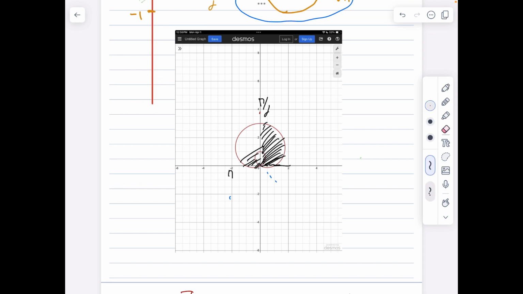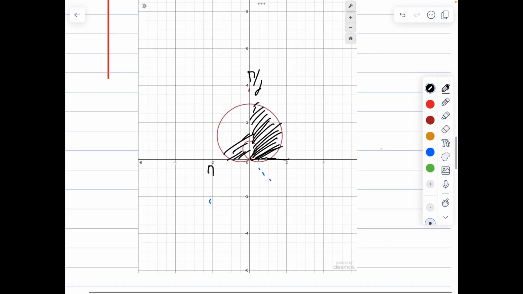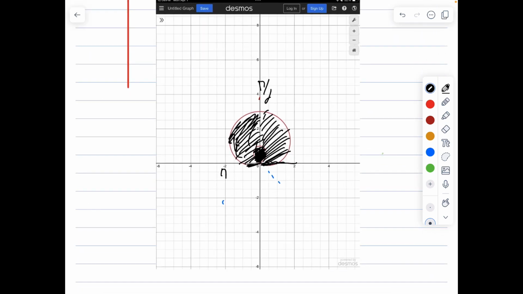Oops, let me erase that little chunk there. So notice how you're already including the inner loop. And then from pi to 7 pi over 6, you get this little chunk. And then you include the loop again from 7 pi over 6 to 11 pi over 6. And then finally, from 11 pi over 6 to 2 pi, you get that. So you basically counted that inner loop twice in your area.